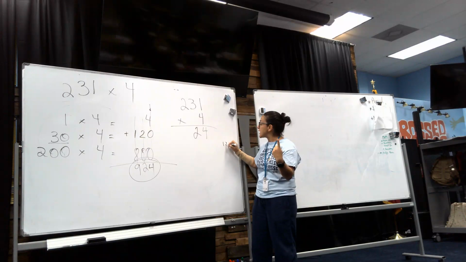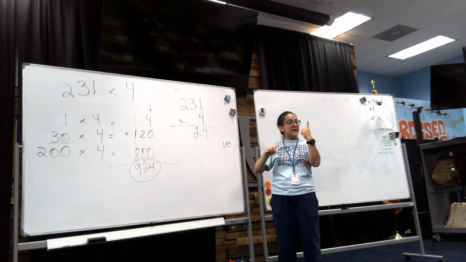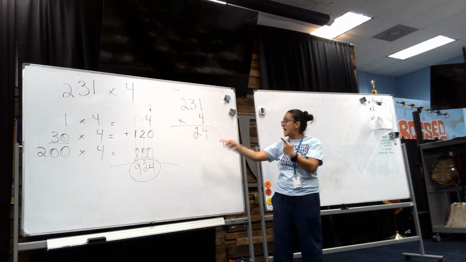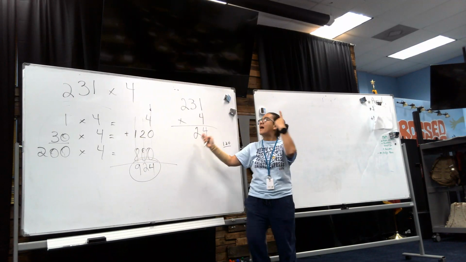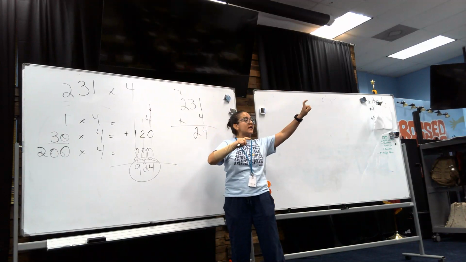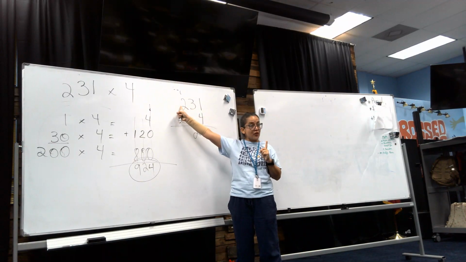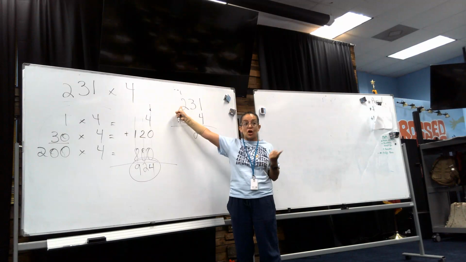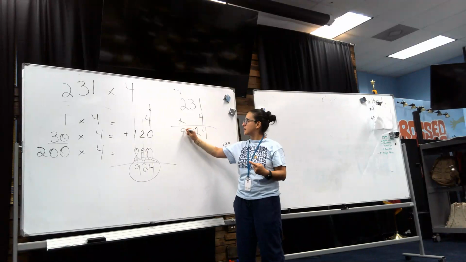It's 120, which means this 120 becomes a 100, right? And I have 2 tens left over. This is why you only write the 2, and then you carry the 100, right? So you're carrying a 100 already here. So 4 times 2 hundreds is 800, plus the 100 that you're carrying is 9.